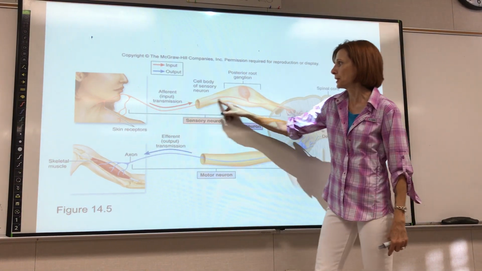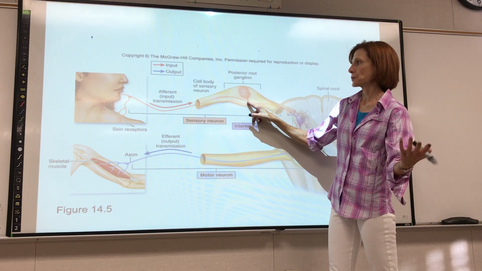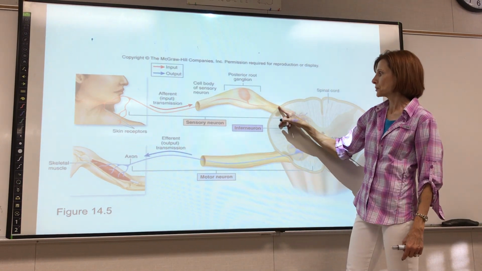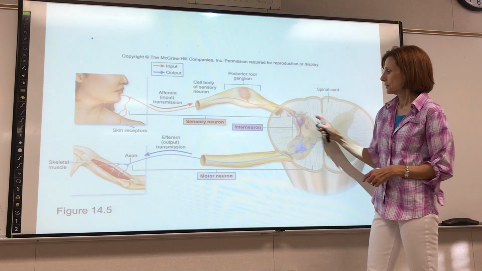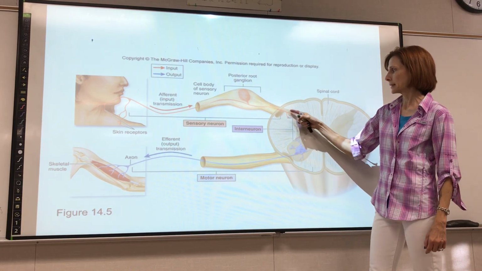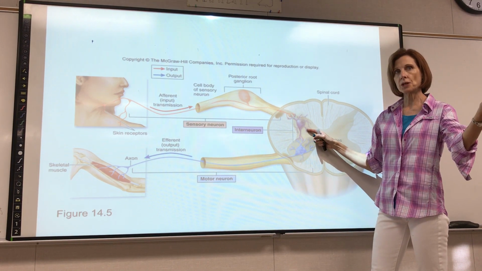So the sensory neuron, notice it is unipolar, okay? This is what our sensory neurons look like. And so this axon is carrying the action potential into the spinal cord. Notice here we have a little short interneuron that's connecting the sensory and the motor. This interneuron is what type based on its structure?